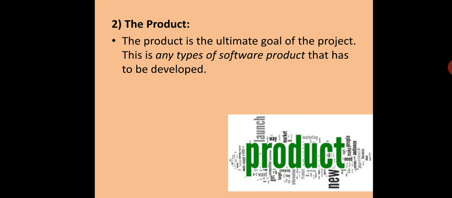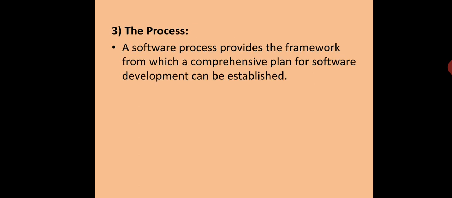The next word is product. As I have already previously mentioned, the product is the ultimate goal of the project. So the final output obtained is called a product. The next thing is the process. Previously also I have mentioned that process is nothing but the sub activities which are undertaken to complete a given project.